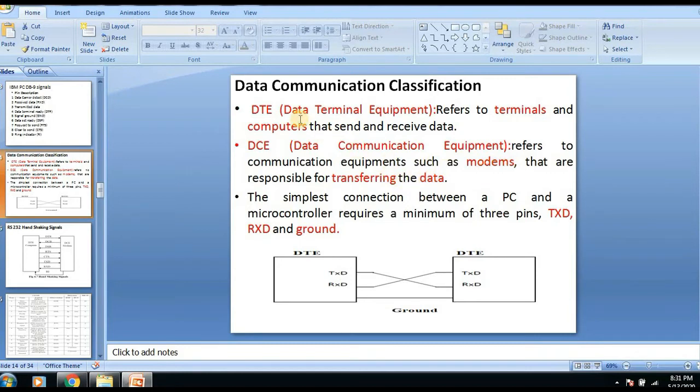So DTE is the terminal or computer which sends or receives the data, and DCE is responsible for transferring the data. The simplest connection between a PC and a microcontroller requires a minimum of 3 pins, that is TxD, RxD and the ground.